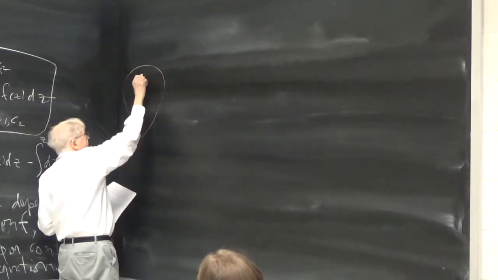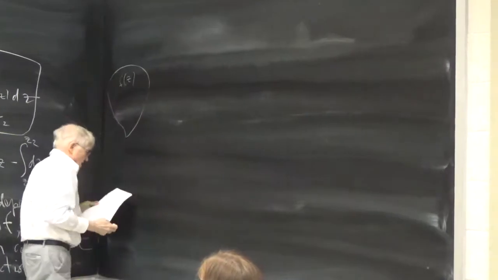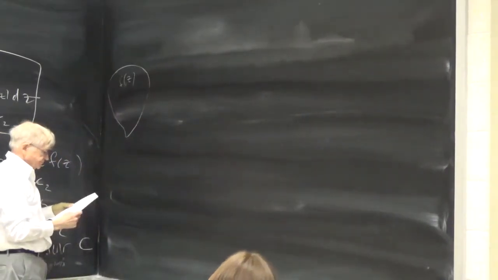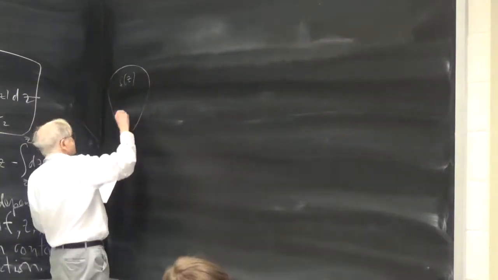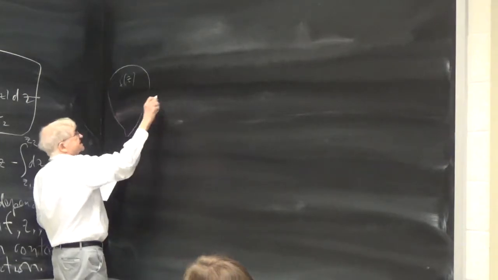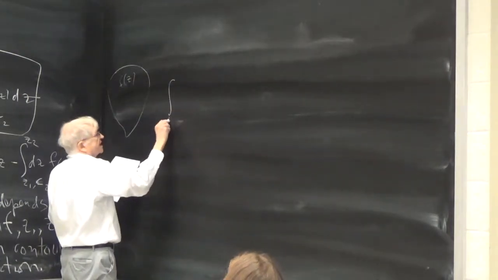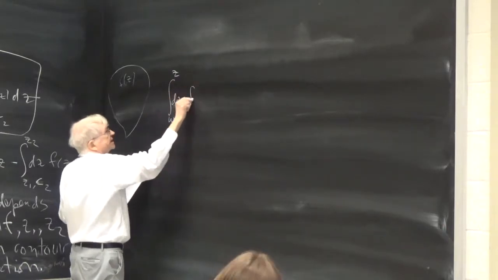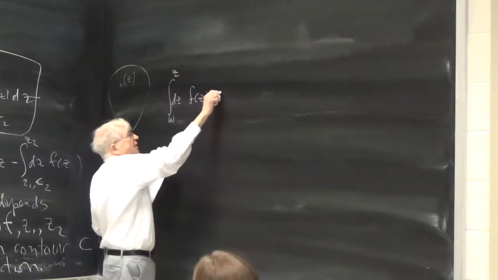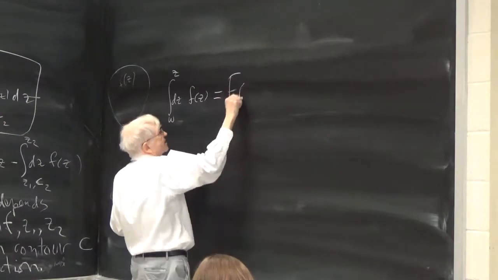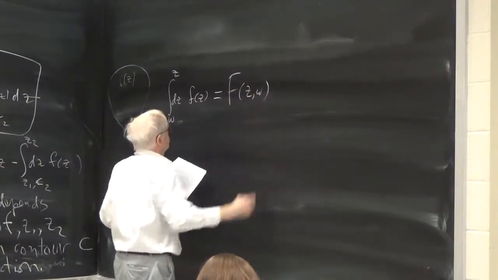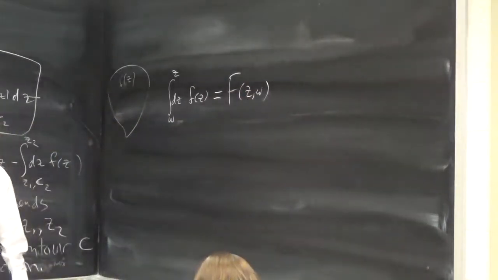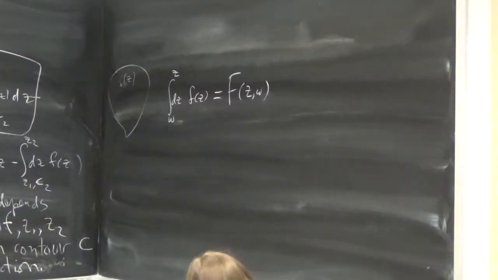So once again, we have a region, no holes, f of z is analytic. So let's consider the integral from w to z, dz of f of z, and we're going to call that big F of z and w. So we're going to define a new function.